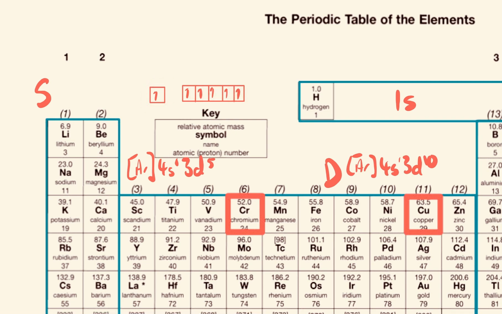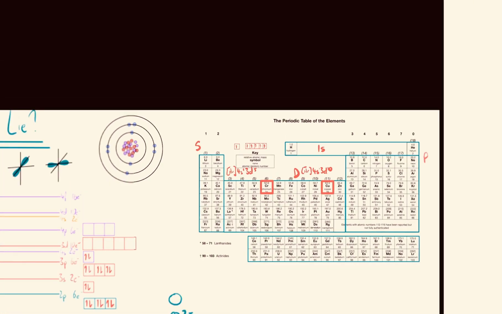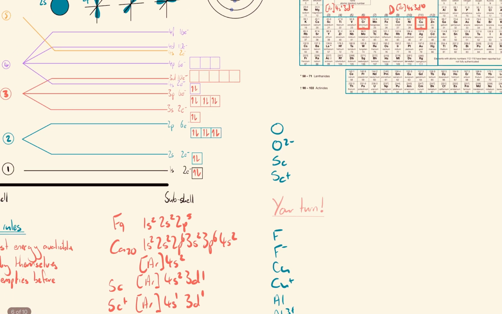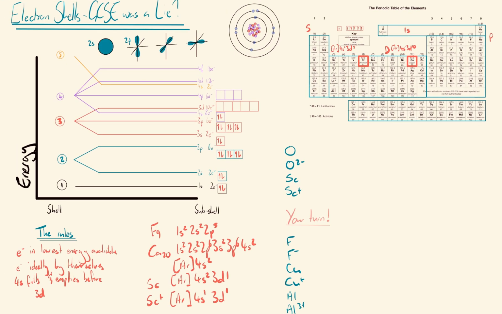But then the rule applies where 4s will empty before the d orbital starts emptying. So really important that we know our exceptions. Okay, so let's do another couple of examples here.